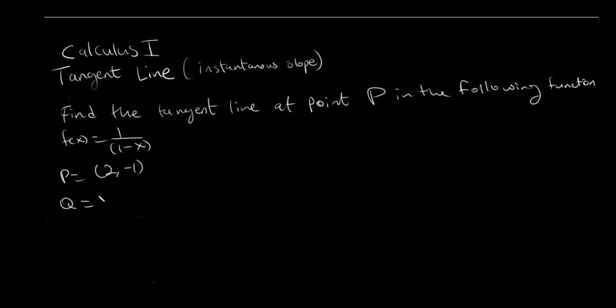And point Q, we don't know what point Q is because we are basically plotting a lot of points. You guys can try and do it on your own, it's nice to do it on your own.